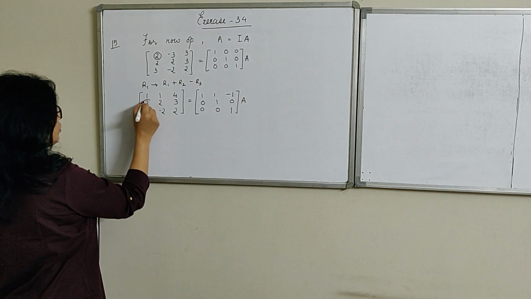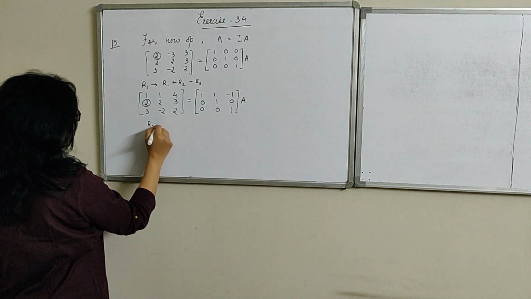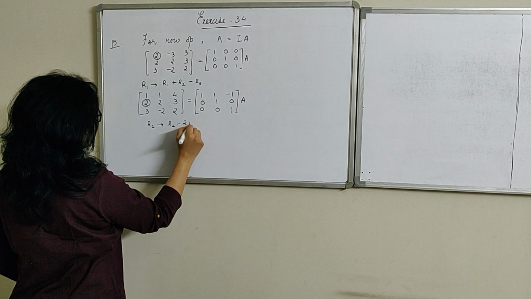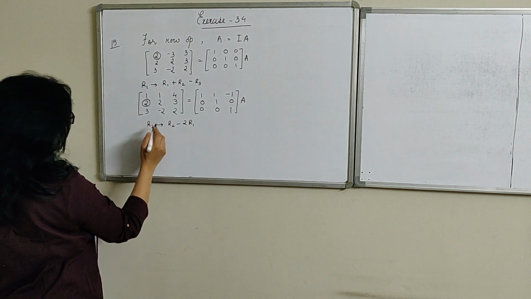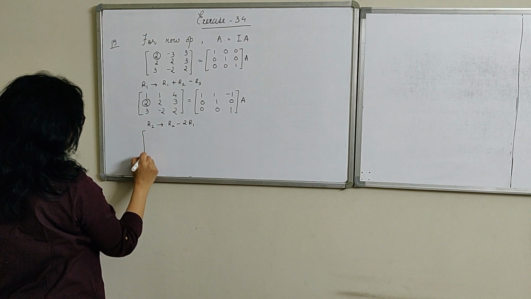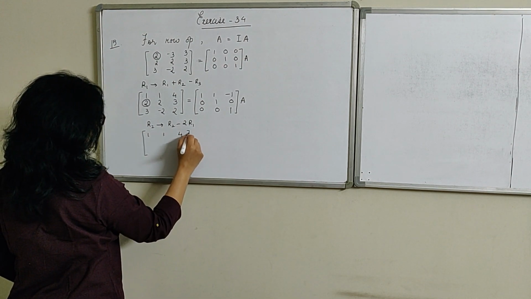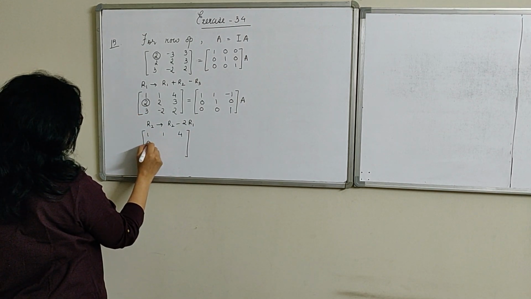So our next step is to obtain a 0 here. This element is in the second row. So second row minus twice of first row. You can see here twice minus twice of 1 will give us a 0. So the first row does not change. Making changes in second row, this minus twice 0.